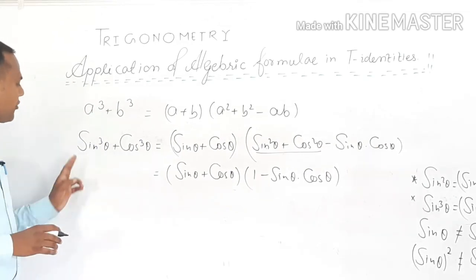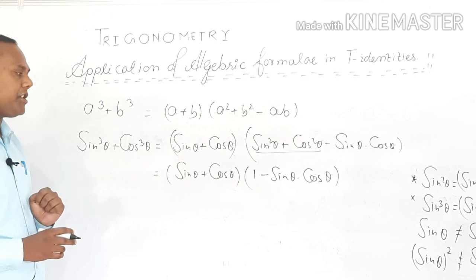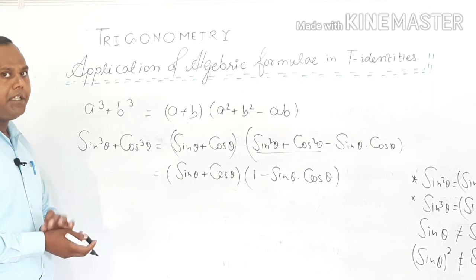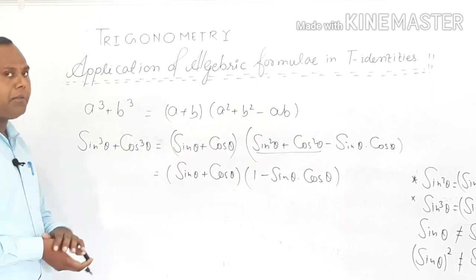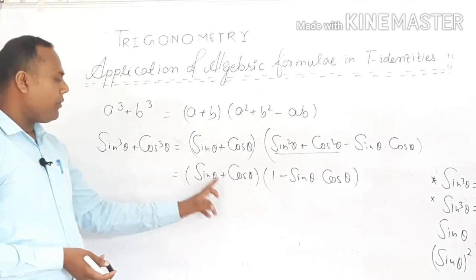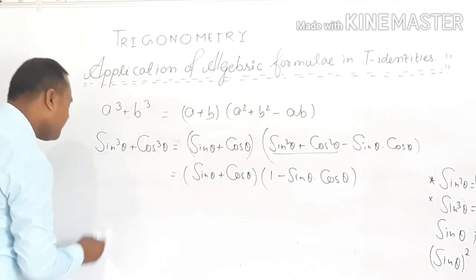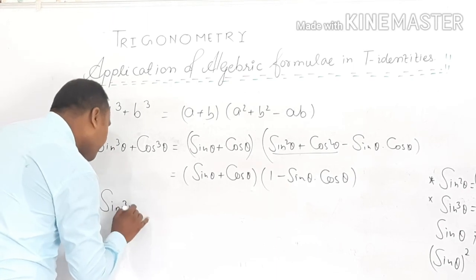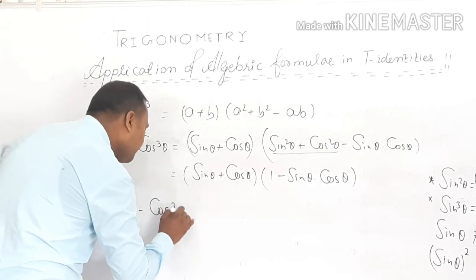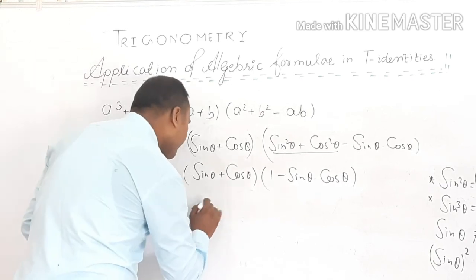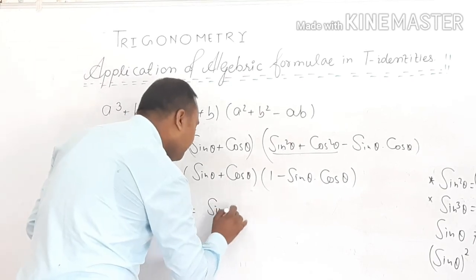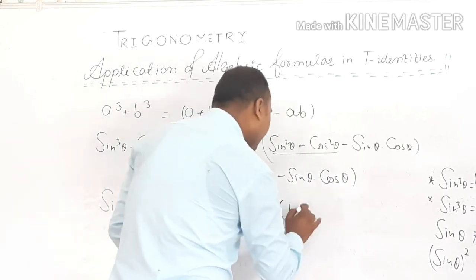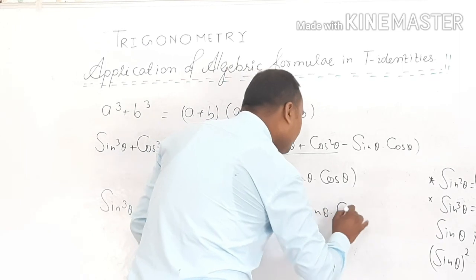While writing sin³θ − cos³θ, we can write it in the same way, but we always change plus into minus and minus into plus. If we have to write sin³θ − cos³θ, then we can write it as (sin θ − cos θ)(1 + sin θ cos θ).